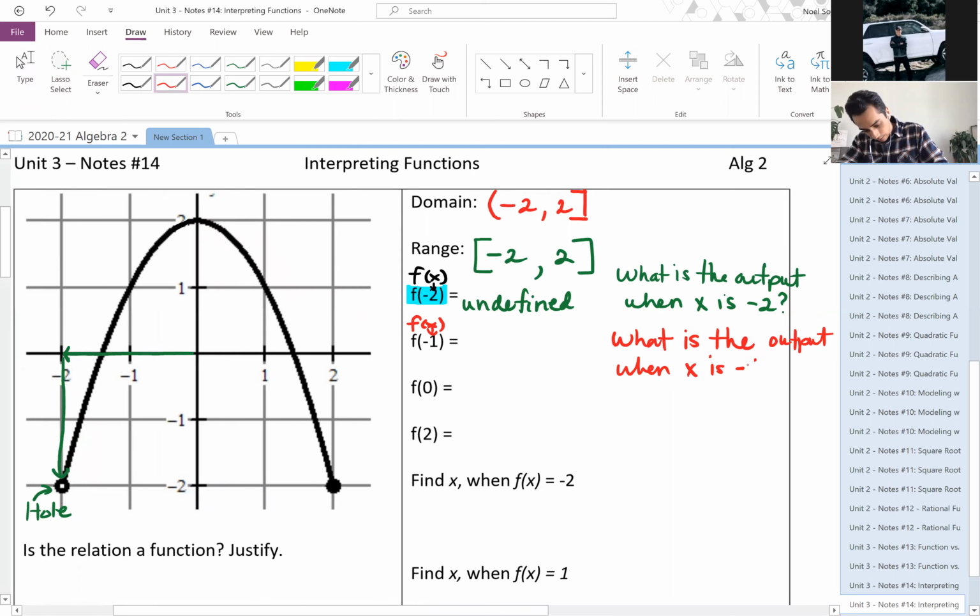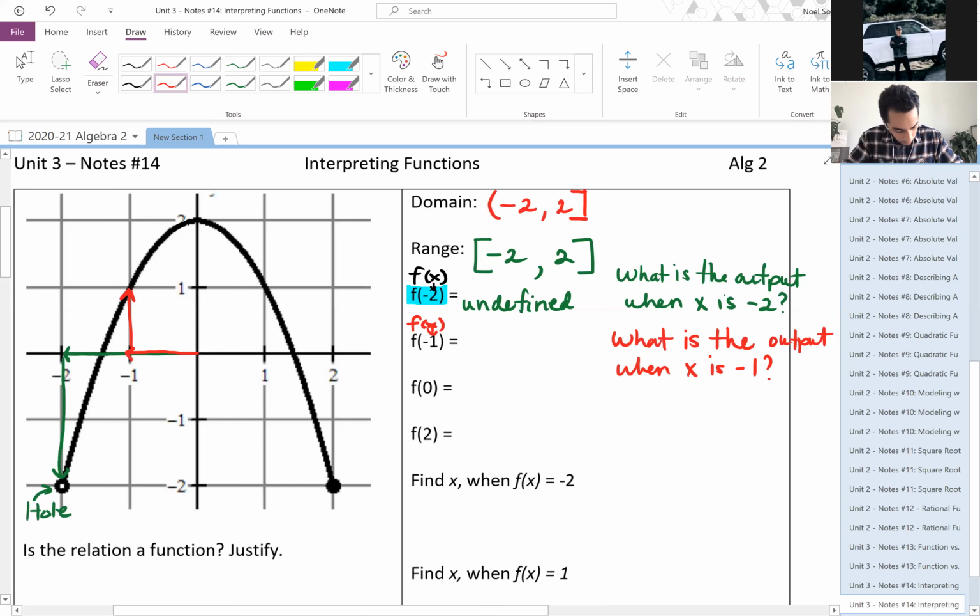x is -1? So again, two-step program, right? First, you're going to start at the origin. You're going to go to -1 on the x-axis. Okay. And then if you wanted to touch the graph, would you have to go down or would you have to go up? This time you have to go up, right? So it just depends. When we went to -2, we had to go down because that's where the curve was at. But when you get to -1, I got to go up now. So I go up.